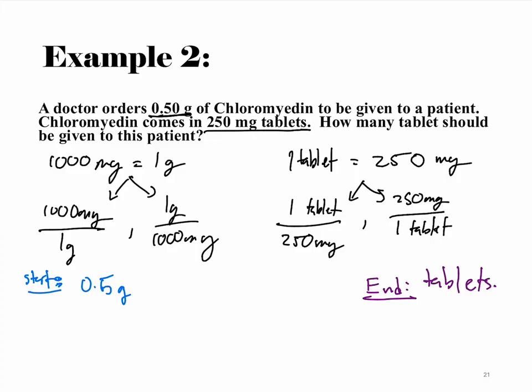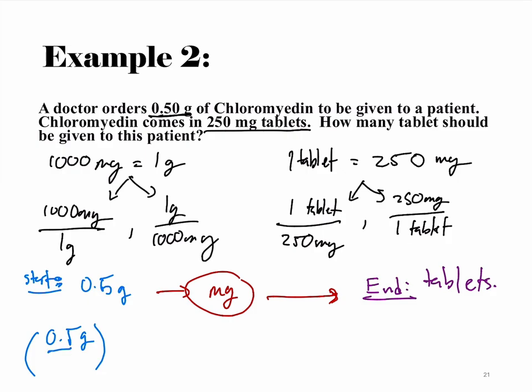The unit we're going to in between grams and tablets is what? Milligrams, right? We're first going to go to milligrams, and then we're going to go to tablets. And we know we're starting from 0.5 grams. I'm going to write that just to emphasize that this is in the numerator. It's over 1.